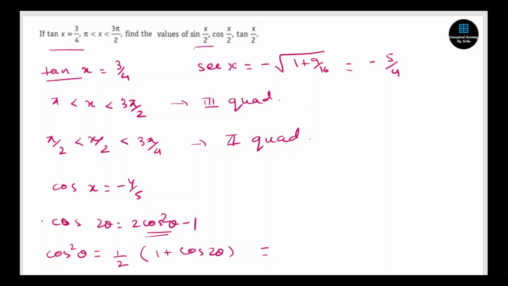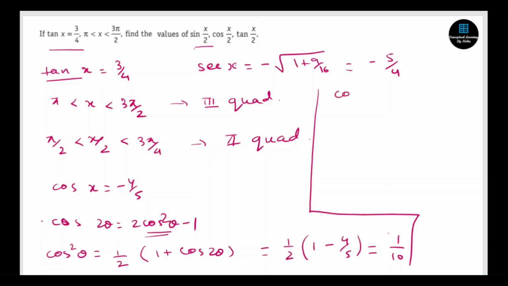So 1/2 of (1 minus 4 over 5), so we'll get this as 1 over 10, and therefore what I can say, cos x by 2 is nothing but minus of 1 over root 10. So this is the first value which we are getting.